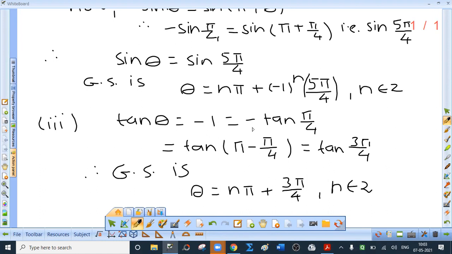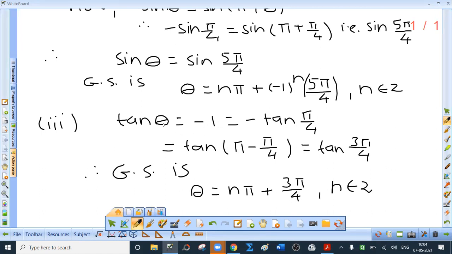But tan pi by 4 is 1. So minus 1 is nothing but minus tan pi by 4. Now minus tan theta is tan of pi minus theta. So this becomes tan of pi minus pi by 4, that is tan 3 pi by 4. In short, tan theta equal to minus 1 becomes tan theta equal to tan 3 pi by 4.